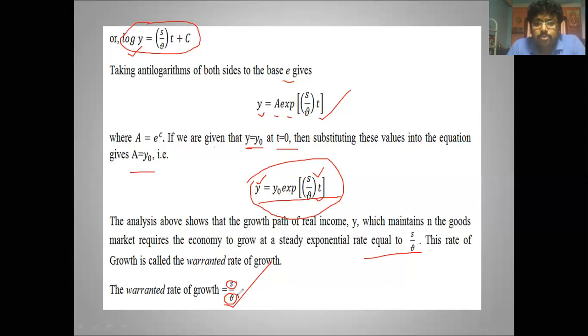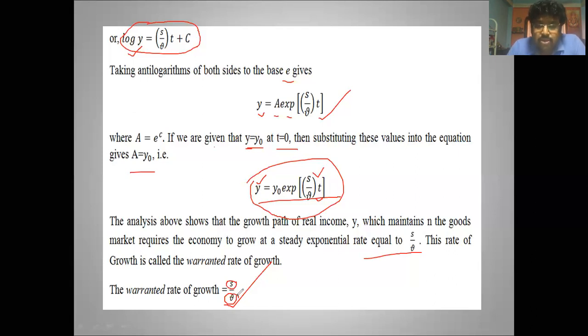If we summarize, in the Harrod model there are some assumptions. One is that it neglects the lag structure. The capital output ratio is constant, savings are a constant proportion of real income, and labor grows at an exponential rate mu.